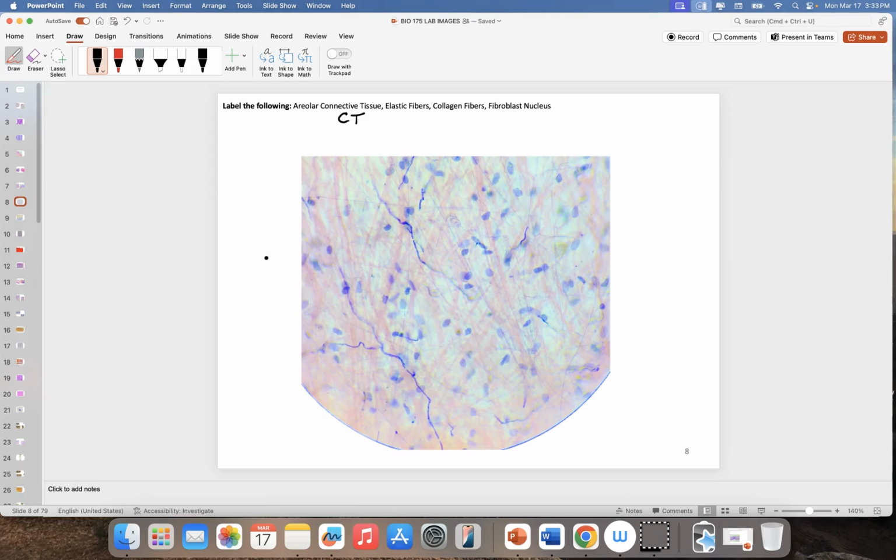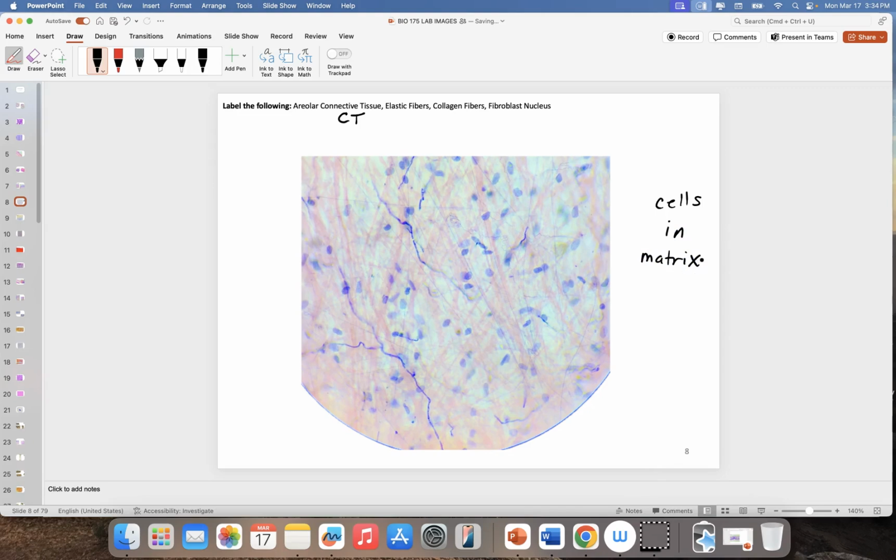When we're taking a look at connective tissue, we will still see cells, yes, they will still be present. So we're still going to have cells, but we're going to have cells in something known as a matrix.